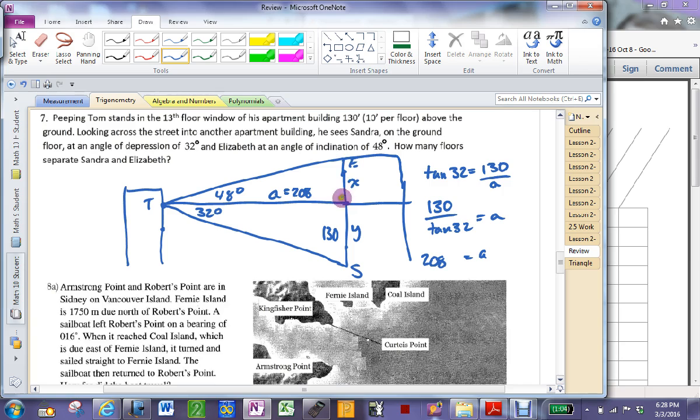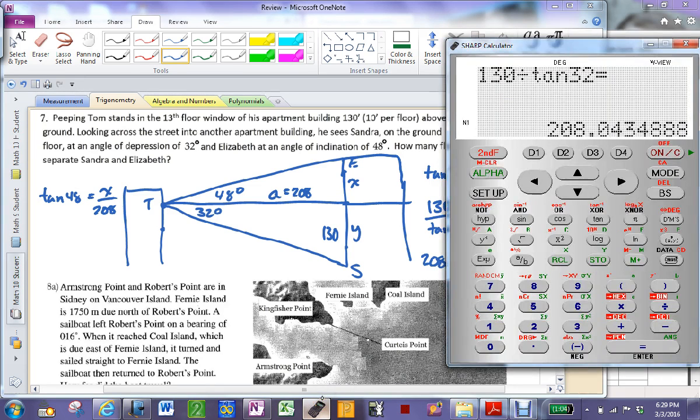So I know this equals 208. Now I need this side. And that is tan 48 equals x over 208. So it's 208 tan 48.